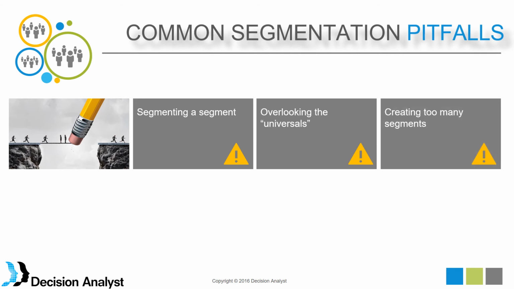Another pitfall that we see all too often is creating too many segments. And there really isn't a magic number of segments. We'd like to think that there would be, but we've had clients come to us and really want many, many, many segments.